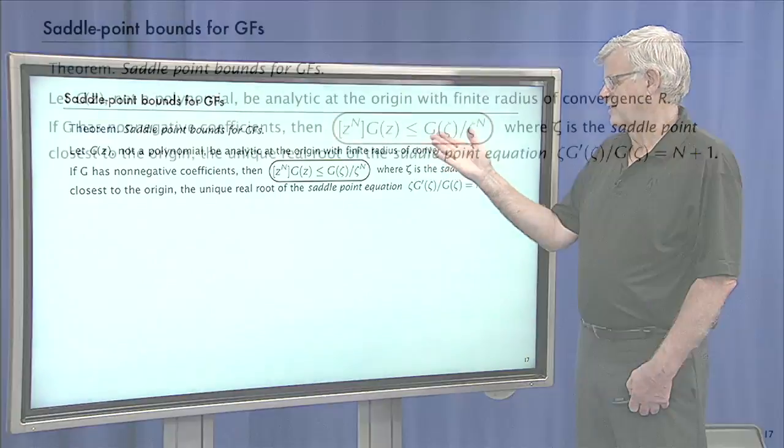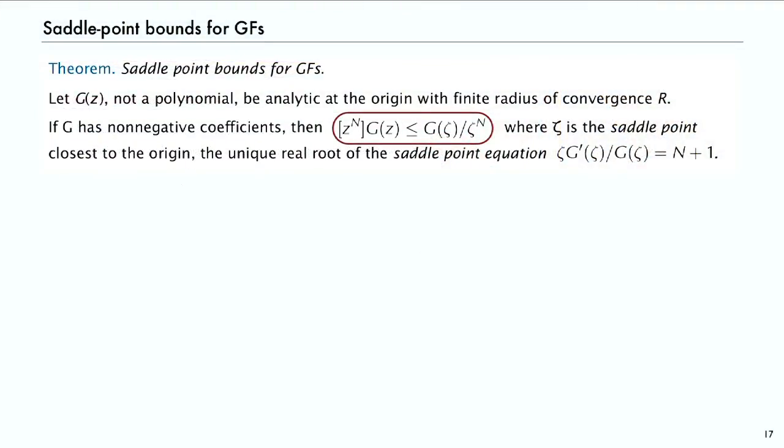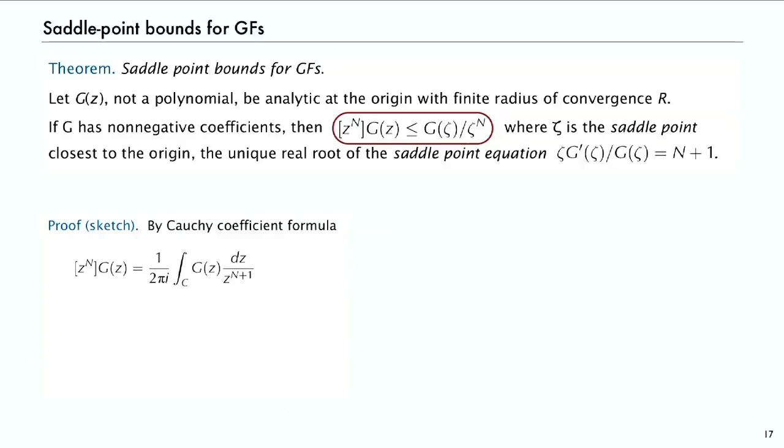So here's a formal statement of the bound. If g is analytic with finite radius of convergence R and non-negative coefficients, which generating functions from analytic combinatorics always have, then the coefficient of z to the n in g of z is less than or equal to g of zeta over zeta to the n, where zeta is the saddle point. That's just a formal statement of the equation. And again, it follows from Cauchy's coefficient formula: you take C to be a circle of radius zeta and change to polar coordinates.